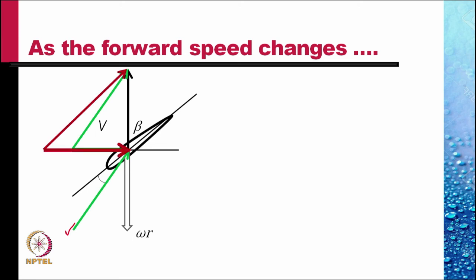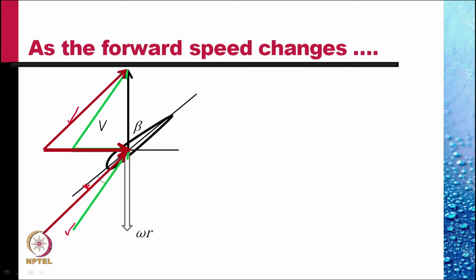Now, as the forward speed increases, the resultant velocity given by this arrow is now inclined at a different angle. When I transfer it to the aerofoil, the velocity comes here. This results in a lower angle of attack if no changes are made in the blade geometry.